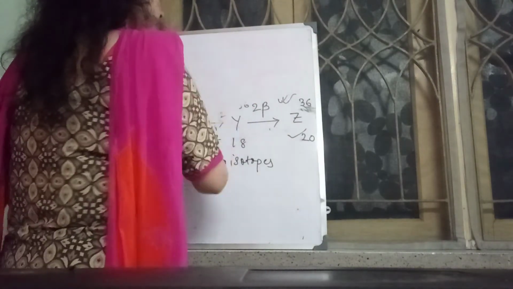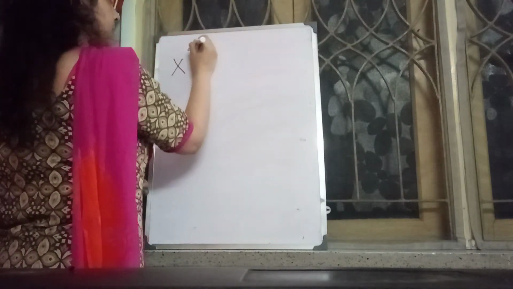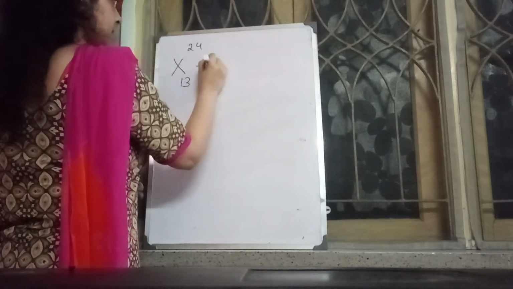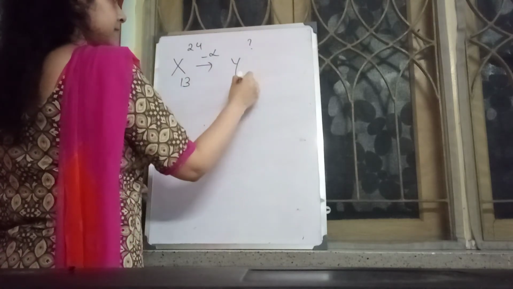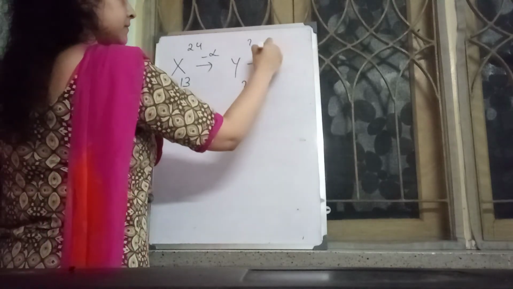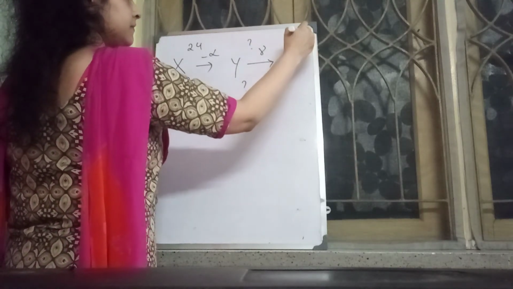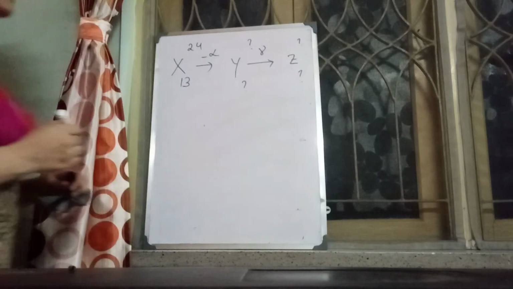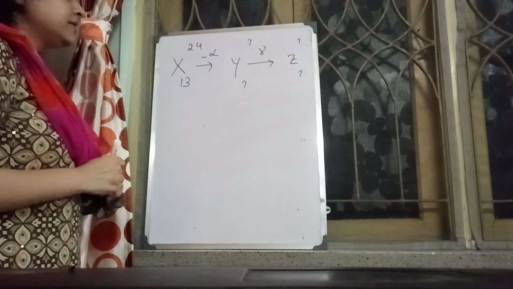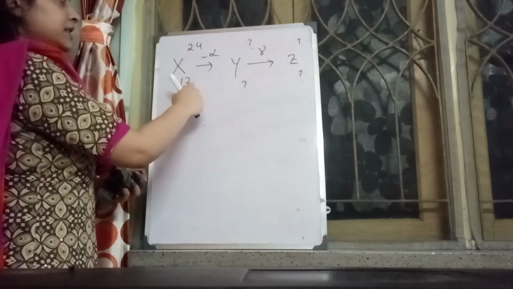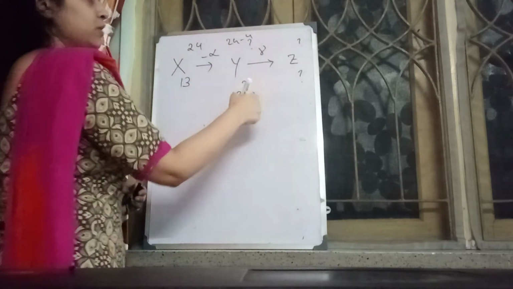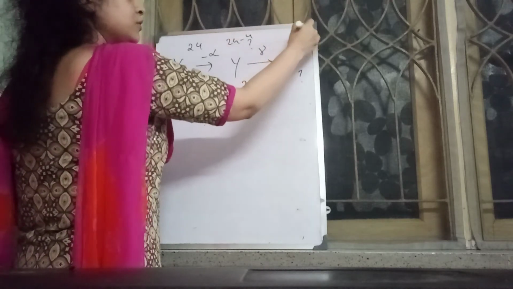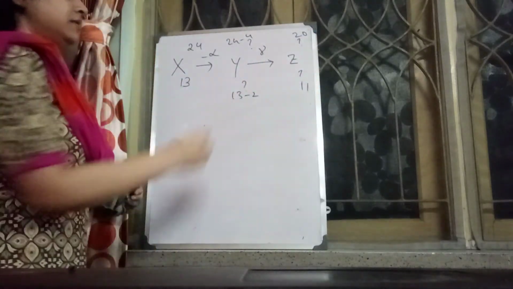Suppose alpha, you have to state. So what is it? Very easy. 24, 13. So 24 minus 4, 13 minus 2. Here same, 20 and 11.